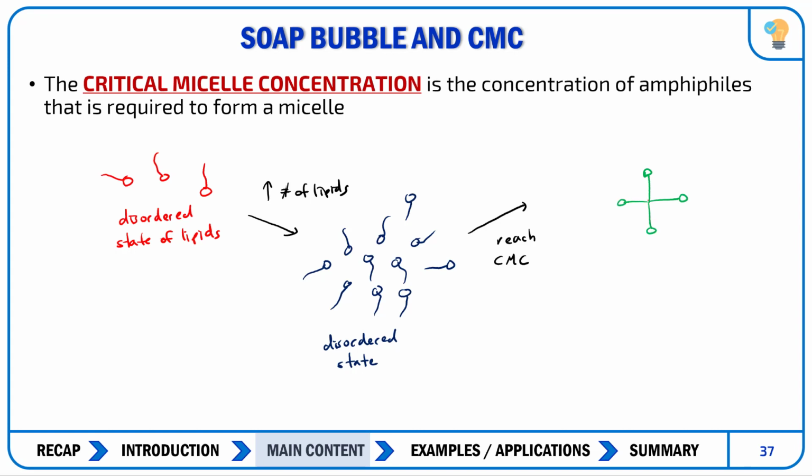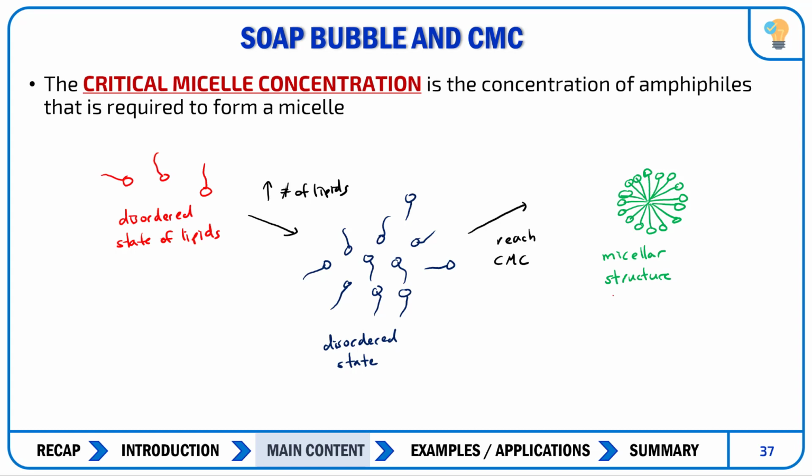Just drawing this as an example. So in this case, once the CMC is reached, that is the minimum number of amphiphiles required to form a micelle. So this is a micellar structure.